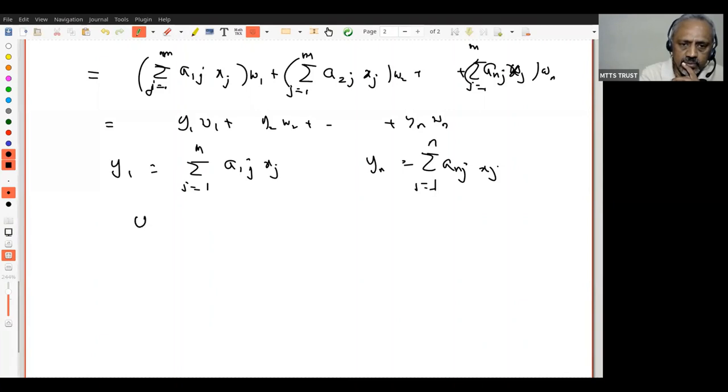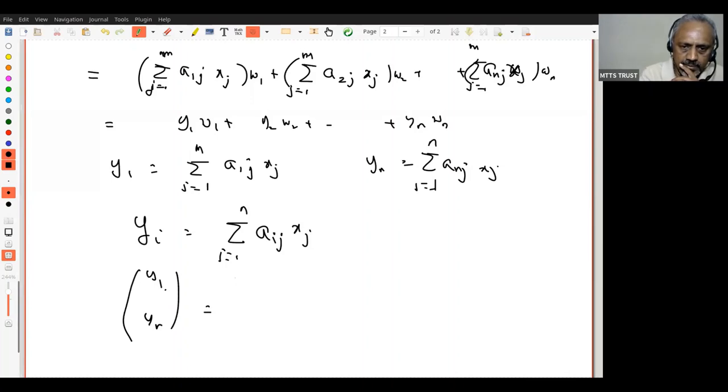In other words, yi is going to be the summation of aij xj, j equal to 1 to m. Therefore, I have y1 to yn equal to the summation of a1j xj, the summation of a2j xj, etc., the summation of anj xj.